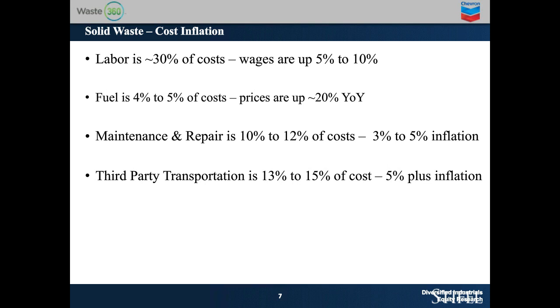All of that can be used to improve the quality and performance of the business, but more importantly, manage your costs.